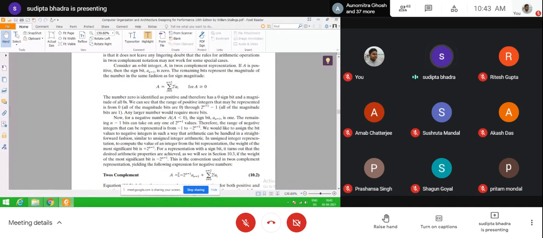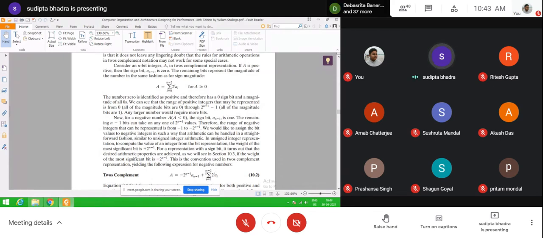So this is the difference. In two's complement representation, negative numbers are represented by this expression.